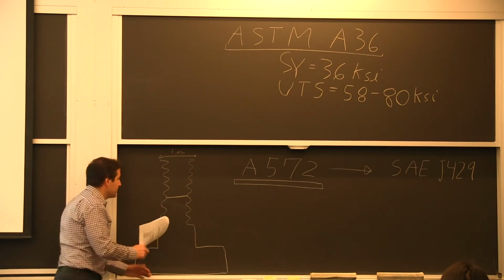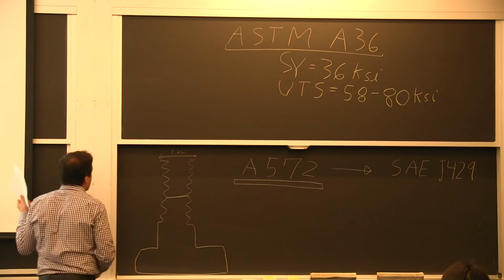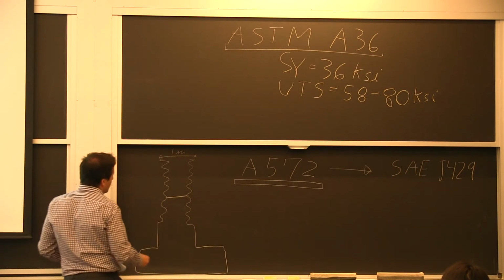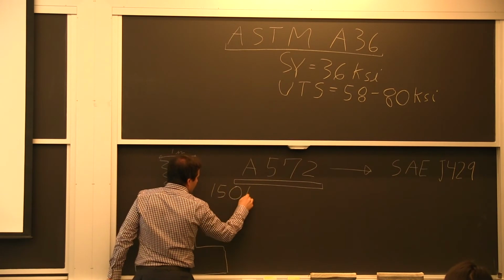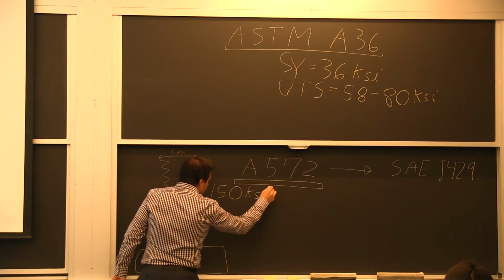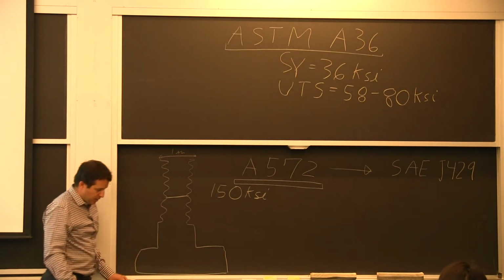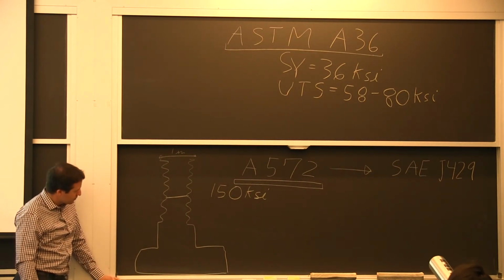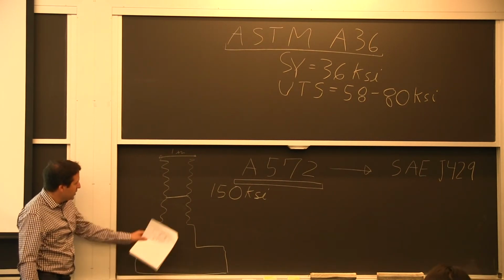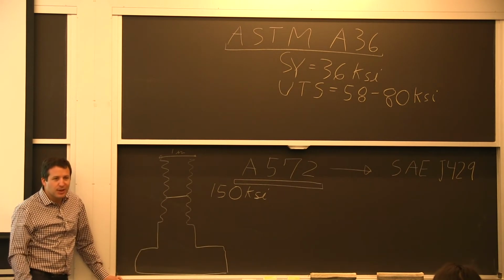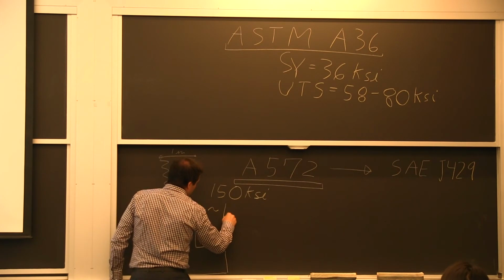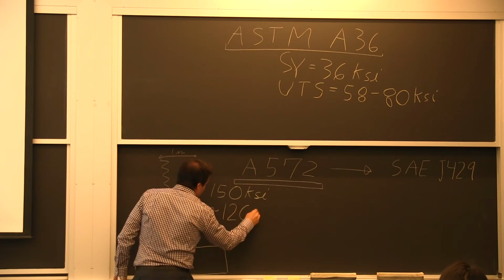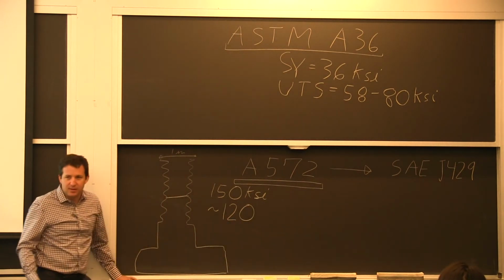But after that, say we're doing a grade 8 bolt, and it's telling us we have 150 KSI of tensile strength minimum. When you get to the net area here, it will be the equivalent, and I'm going to throw out an approximate number here, of say 120, because it's net.